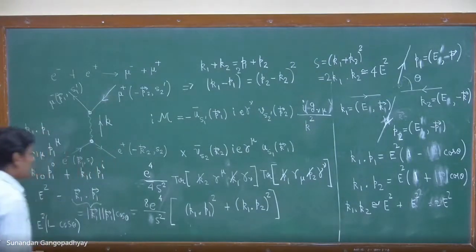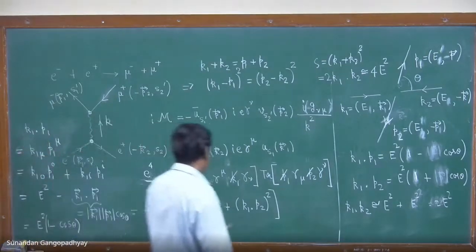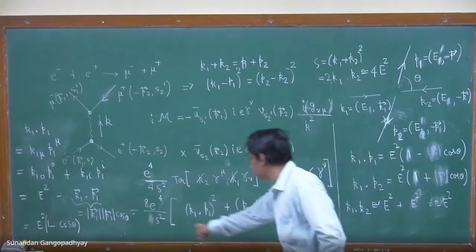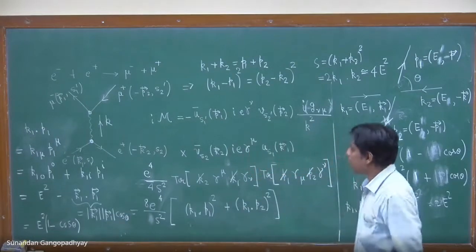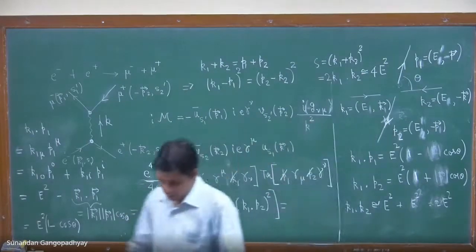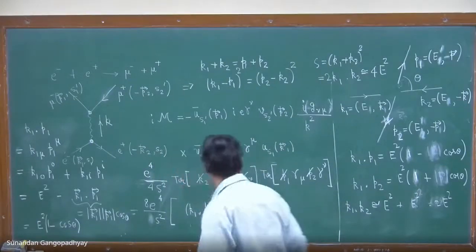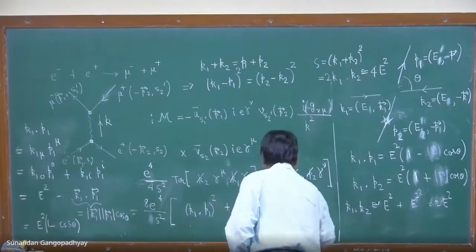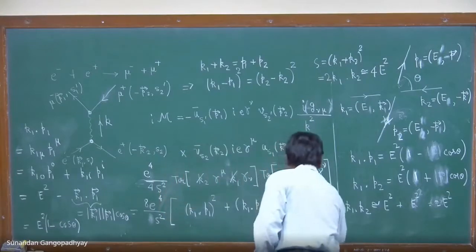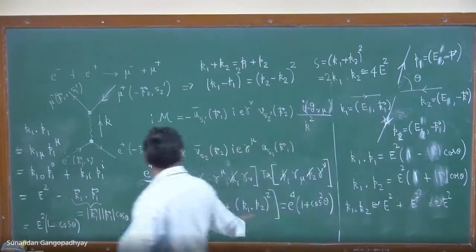So let us proceed once again. I have calculated K1 dot P1 and K1 dot P2 whole square of these quantities. You just substitute them over here, and it is just a matter of very simple algebra. You will get E to the power of 4 into (1 plus cos squared theta). So how do we get this expression?